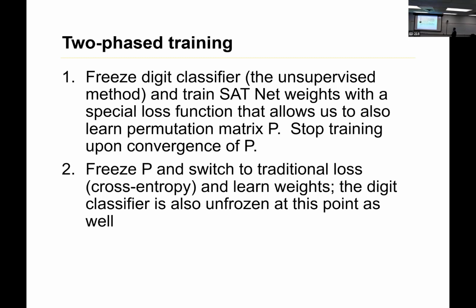Now they freeze P, and switch to the traditional loss function, the cross entropy, to actually learn the weights. So by learning P, that's essentially what's allowing this mapping from the perception level to the symbolic, and then once you feel that's converged, you go to this.